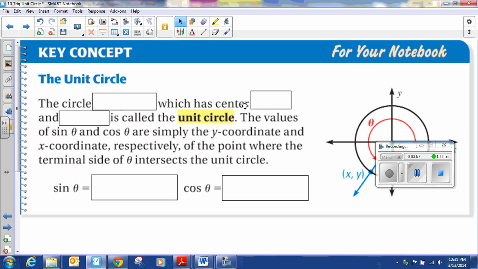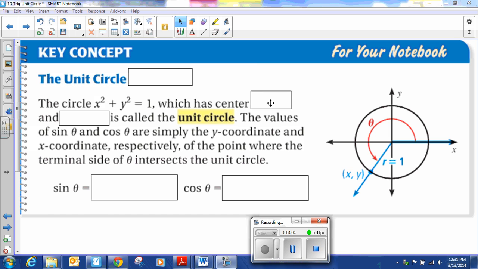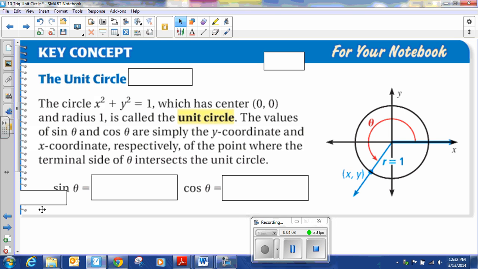The unit circle. The circle x squared plus y squared equals 1, which has a center at (0, 0) and radius equal to 1, is called the unit circle. The values of sine and cosine are simply the y-coordinate and the x-coordinate, respectively, of the point where the terminal side of theta intersects the unit circle. Now this makes sense because the radius is 1.